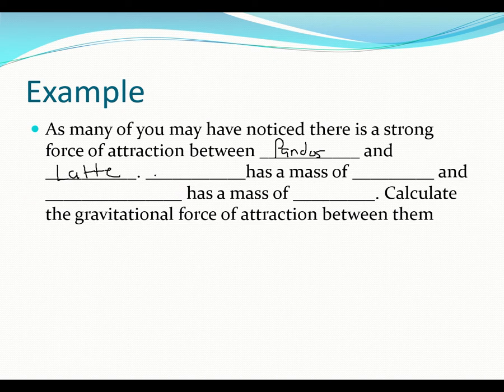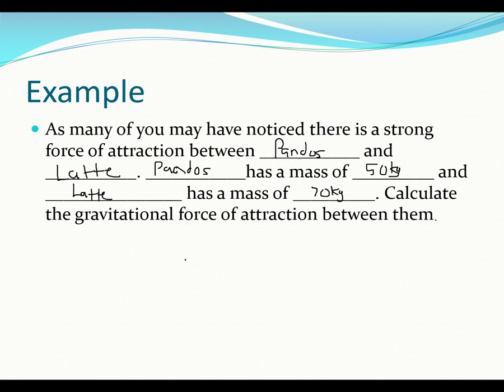So Pandos has a mass of, let's say, 50 kilograms, and Latte has a mass of 70 kilograms. So we can calculate the force of attraction between them.